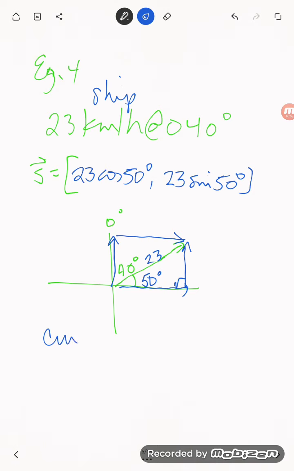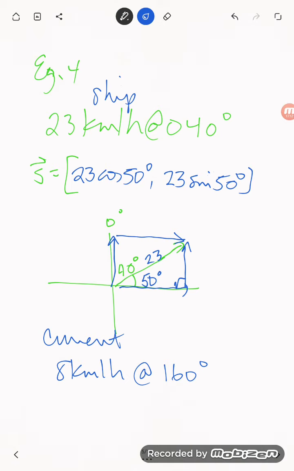The current, we're told, is flowing at 8 kilometers per hour at a true bearing of 160 degrees. So again, we need to know what that looks like on the grid here, just so we can get the right angle for finding the components.